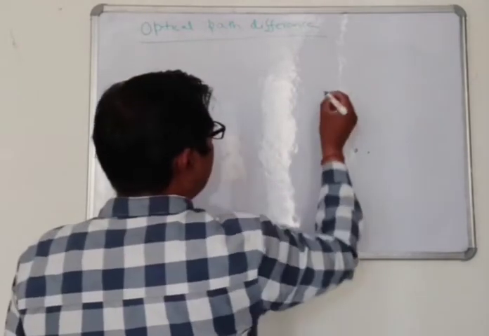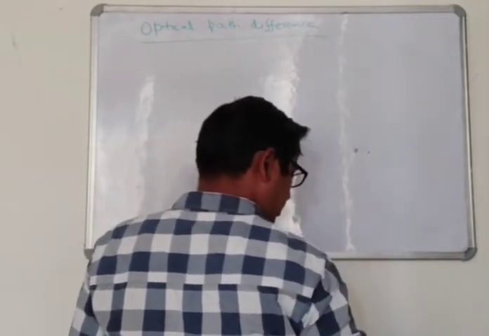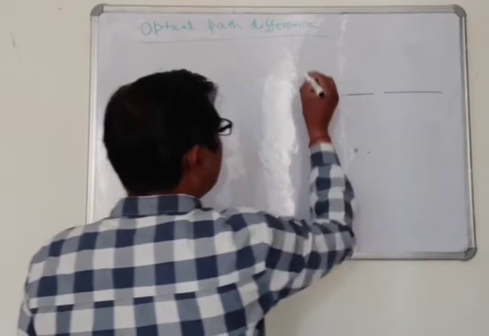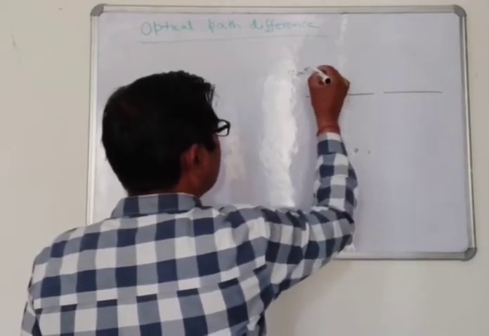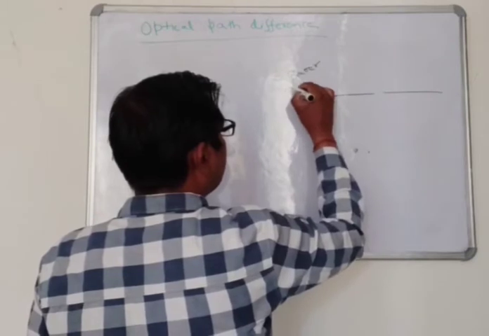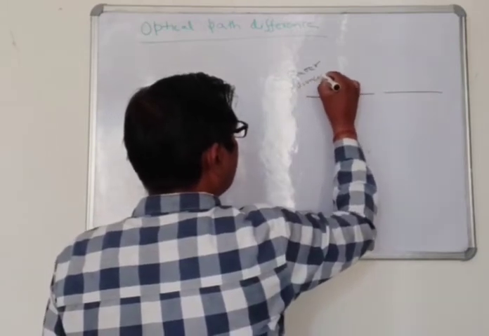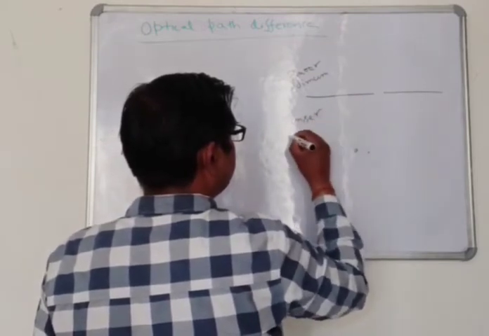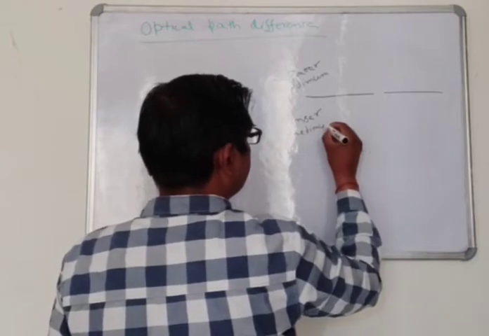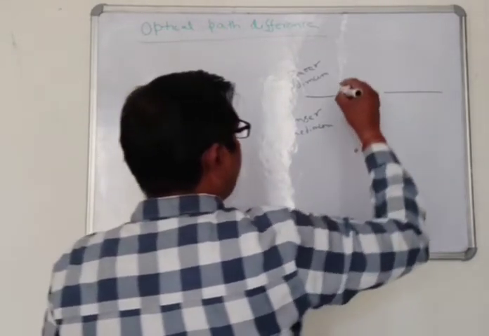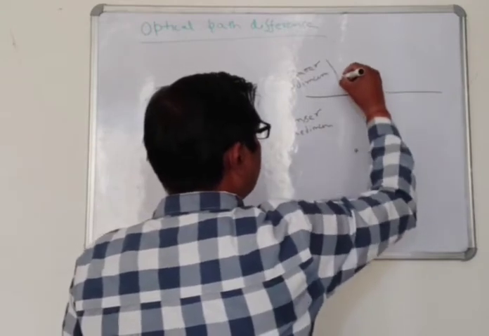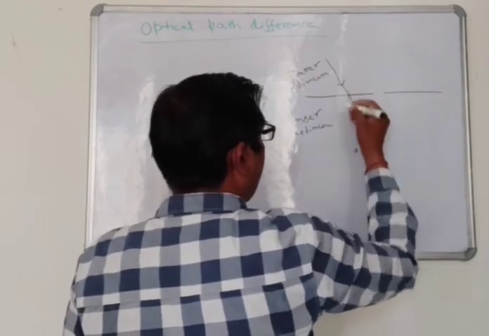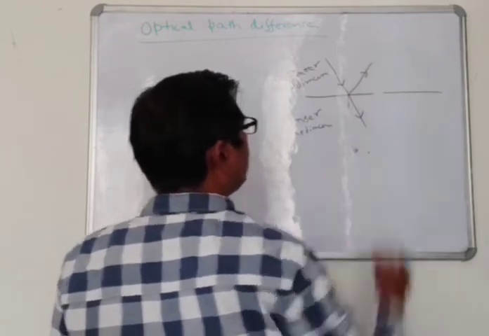You know, when any light comes from rare to denser or denser to rare. Suppose the upper one is the rare medium and the lower is the denser medium. When light is coming from rare to denser like that, what will happen? Like that, and some part will be reflected like that.